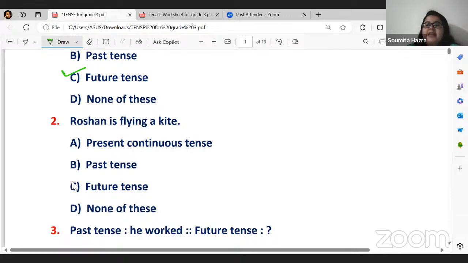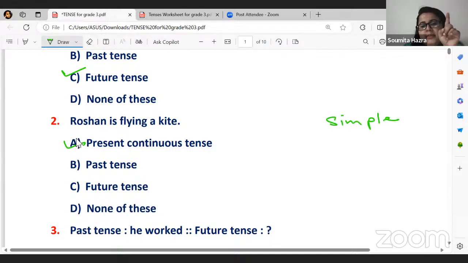Roshan is flying a kite. Tell me the answer. It is present continuous tense, past tense, future tense, none of these. What is this? Present continuous tense. Very good. Wonderful. So I have told you that there are 4 divisions of each tense. What are the 4 divisions? Simple.